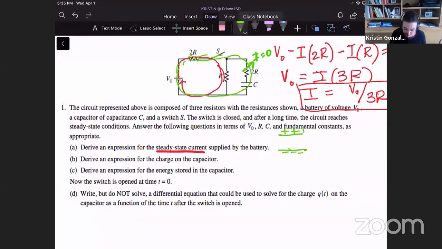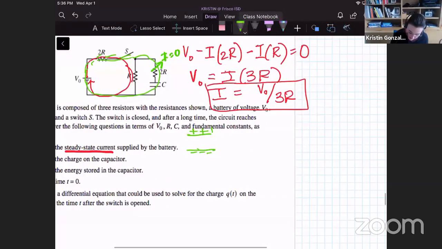That capacitor potential difference is going to be the same as the potential difference across the resistor R in the middle. So the potential difference across the capacitor equals the potential difference across that resistor R in the middle. Then we can go about finding what that potential difference is. Since they're in parallel, they have the same. So we can go back and rewrite our loop rule.